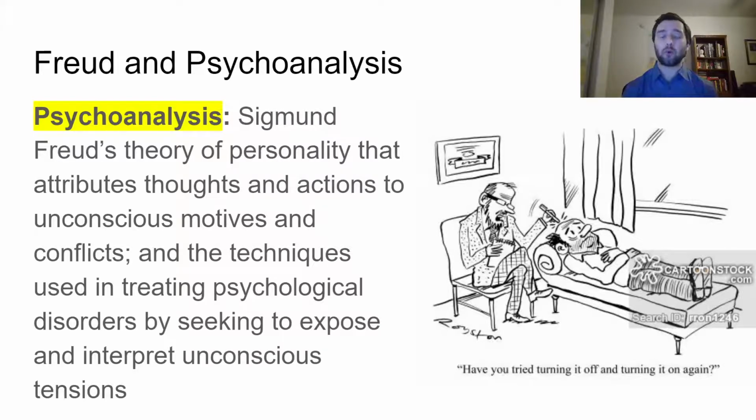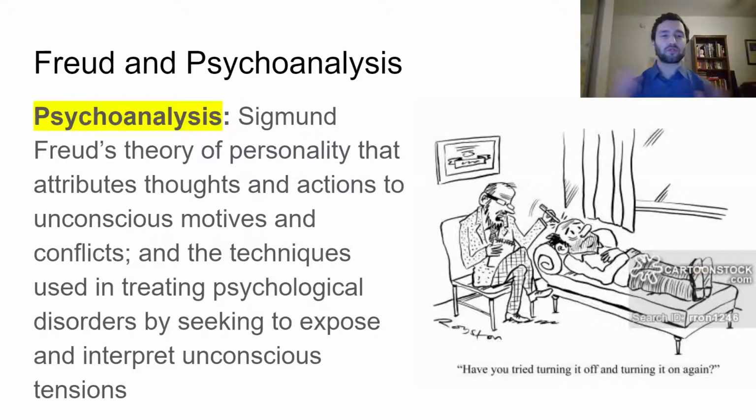Now, this is important because a lot of Freud's understanding about human beings is also going to come from his work with people with psychological disorders, right? And he's going to use psychoanalysis to basically treat these people with these disorders. Again, he's really, really incredibly famous. He's really, really important.